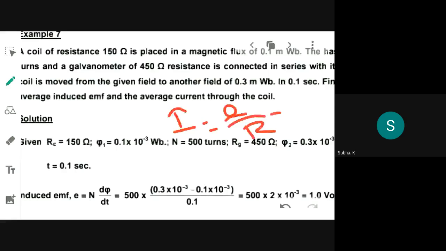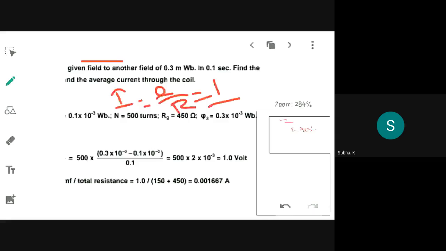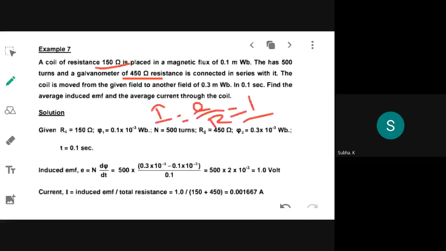So what about resistance? There are two resistances that are involved. One is for the coil and the other one is for the galvanometer. So both you have to add because both are connected in series. So 150 plus 450. So what is the answer? 600. 1 by 600.